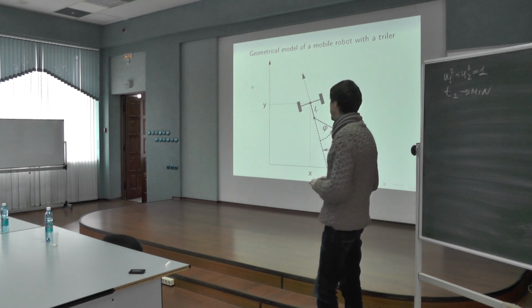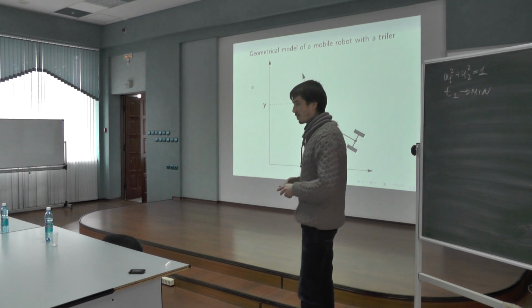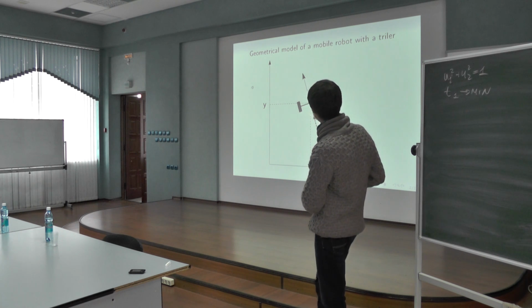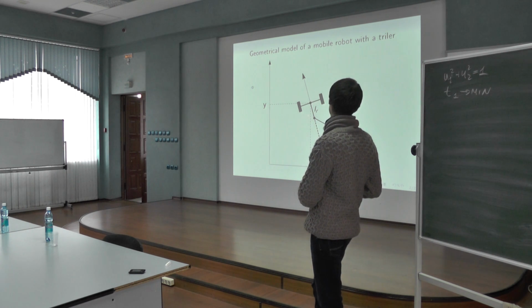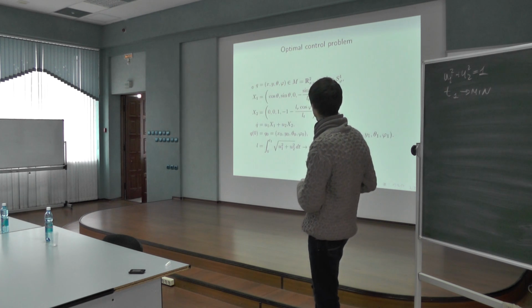And those constants define the model of our mobile robot with a trailer. So for each value of LR and LT, we define a sub-Riemannian problem.